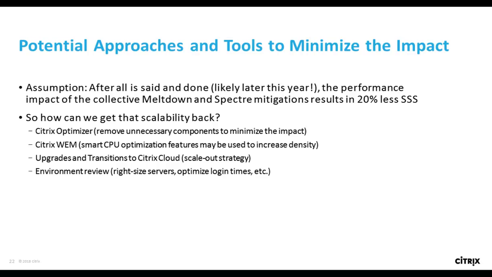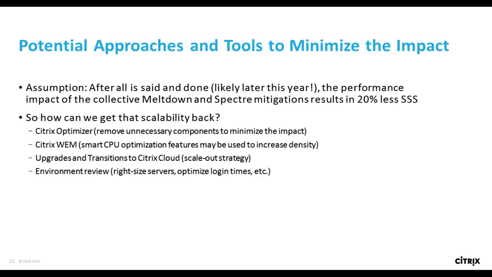Another mitigation technique that you can use is Citrix WEM with smart CPU optimization. It might be able to help you to increase the user density, but even more importantly, it should make your environment more snappy, meaning that you are reducing the impact on the responsiveness and the overall user experience.